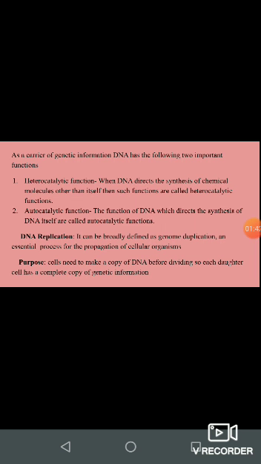Coming to the definition, DNA replication can be defined as genome duplication. Whatever amount of DNA is present within a particular cell will get doubled. This doubling process is only possible by the process of replication.